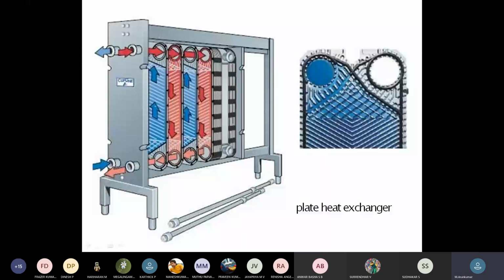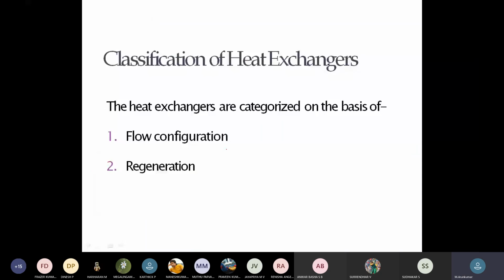If the fluids are passed through this heat exchanger, the heat from the high temperature fluid will be transferred, because these two are attached together. Because of the high surface area, this temperature will be transferred to the lower temperature fluid.